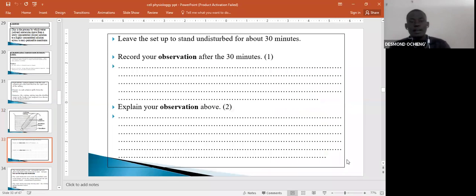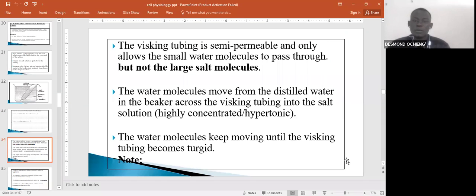So if you're asked to record your observation, just write the observations that I've mentioned, and you can also explain. And from the diagram, we can say that the visking tubing is semi-permeable, and therefore it only allows the small water molecules to pass through, but not the large salt molecules. So that clearly tells you that salt molecules are large, and therefore they cannot escape from the visking tubing into the beaker.